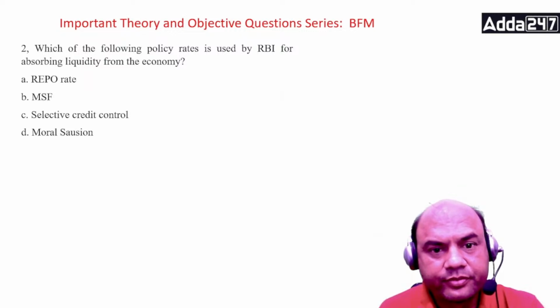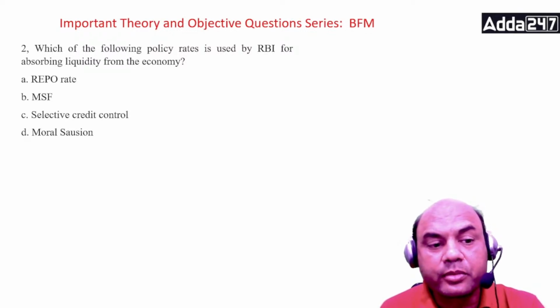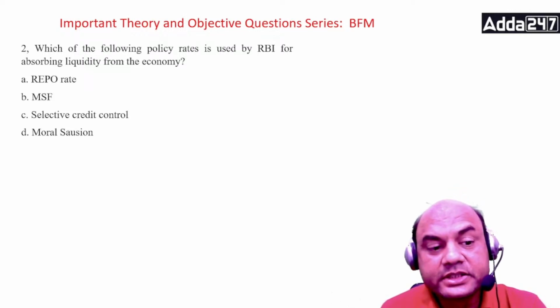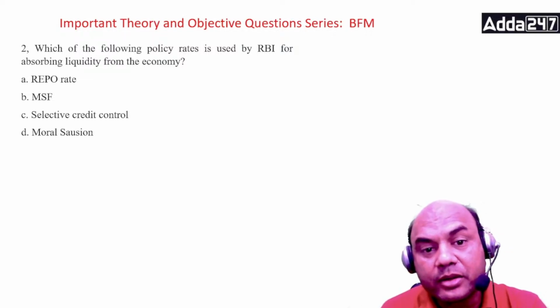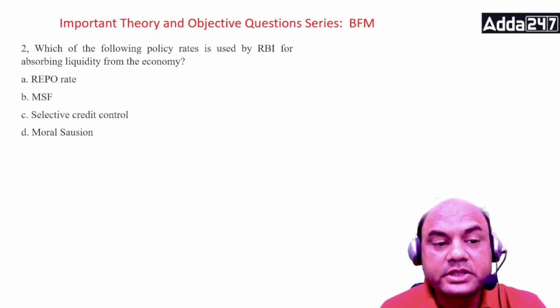Now the next one. Which of the following policy rates is used by RBI for absorbing liquidity from the economy? Repo rate, MSF, selective credit control, and moral suasion. Absorbing liquidity means RBI wants to get money from the system. So which of the policy rates is used?